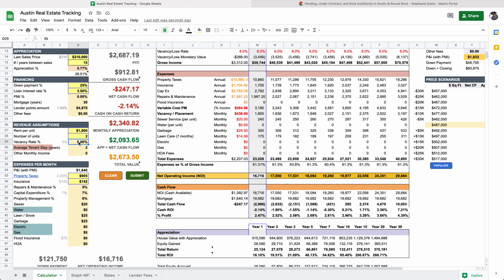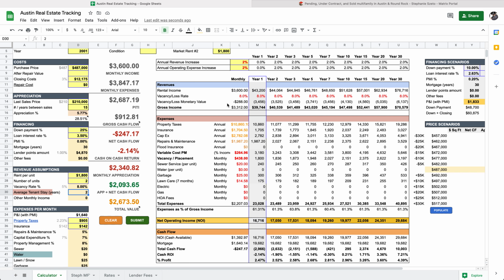I also factor in, and this might be location specific, some degree of vacancy, because of course that's normal. So I use 8%, and I assume that every 2 years someone's going to swap out. That lowers my income slightly so that it's a bit more realistic.